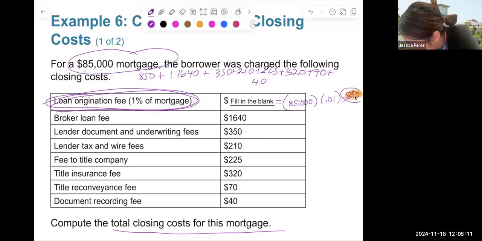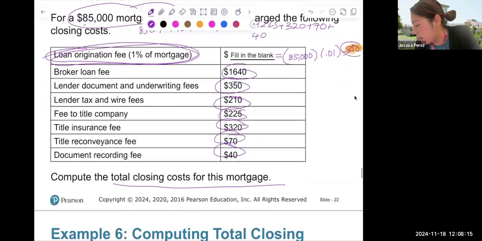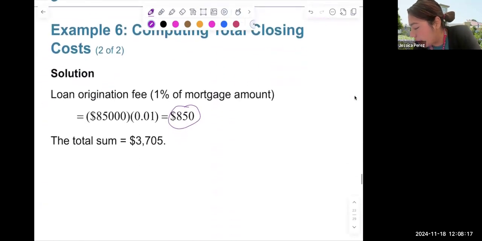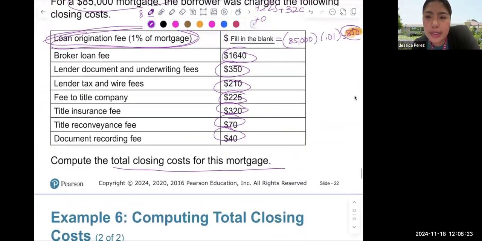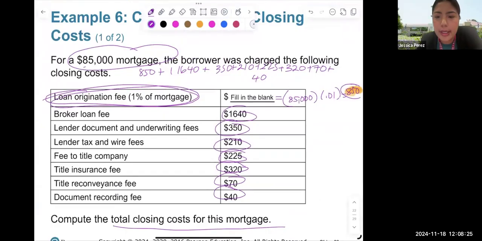Now I have to tally all of these to get my closing cost. So my closing cost would be 850 plus everything else. So let's see if that gives me my 3,705. So let's punch that in a calculator.